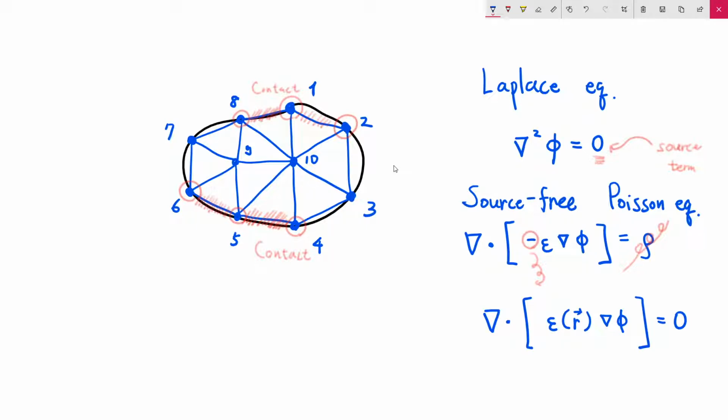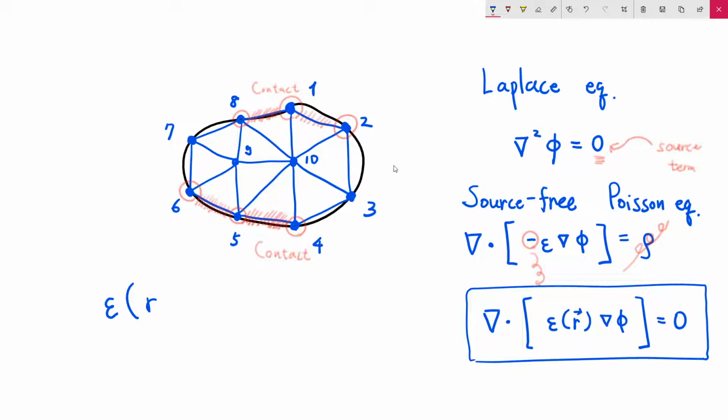So now let's go to this form. This is the form we actually have to use in our implementation. Of course, epsilon can be a function, but in typical cases in computational electronics, usually this is a general position like x, y, z.